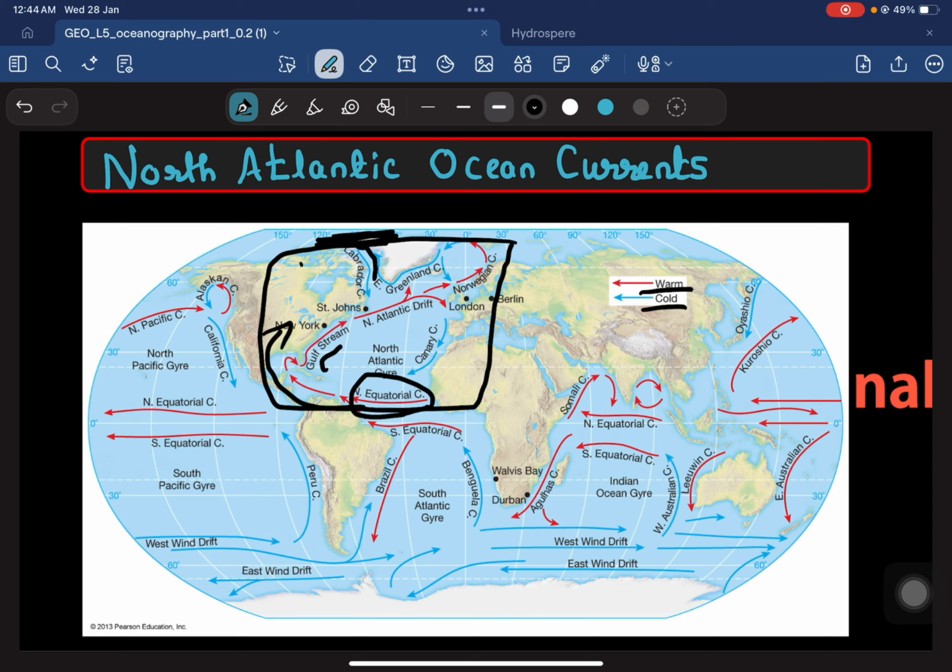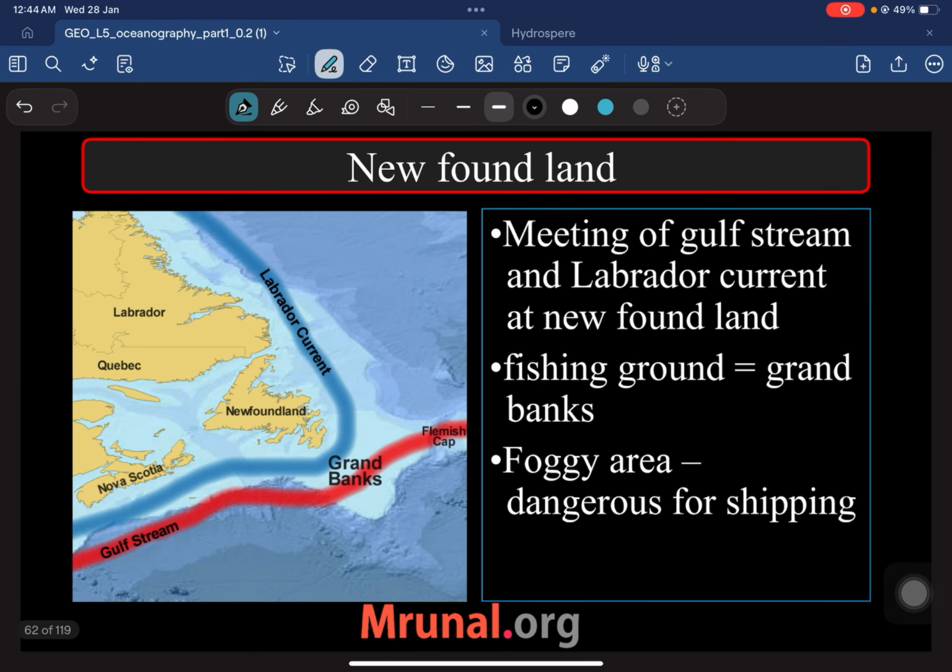This Labrador current is a cold current. It will come and meet with this Gulf Stream. Gulf Stream is a warm current. When this Gulf Stream meets the Labrador current, then it is called as what?